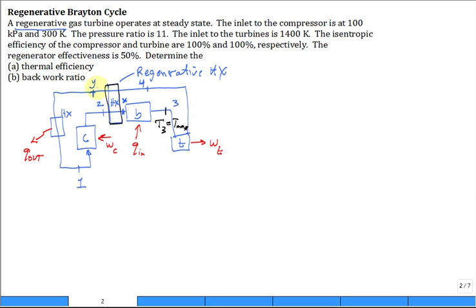So I'm not in favor of the use of X and Y for states. Usually use states as 1, 2, 3, 4 integer numbers, but here you go, staying consistent with the textbook.